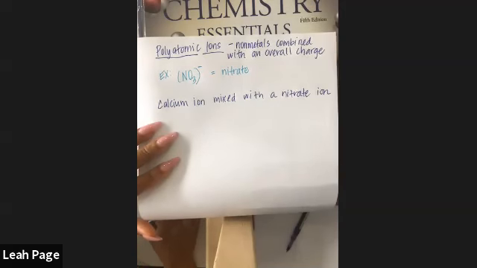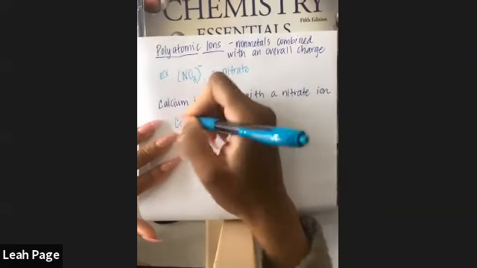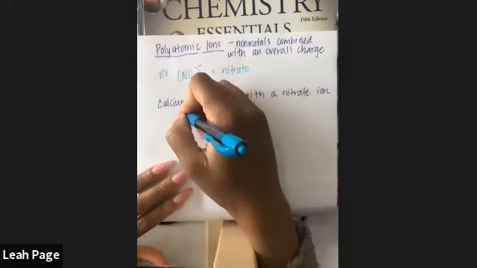So you guys tell me, what do you think the charge is for a calcium ion? Gotta find calcium on the periodic table. 2 plus. Okay, calcium is Ca, it's in group 2, and when it forms an ion, it's going to be a 2+ ion.